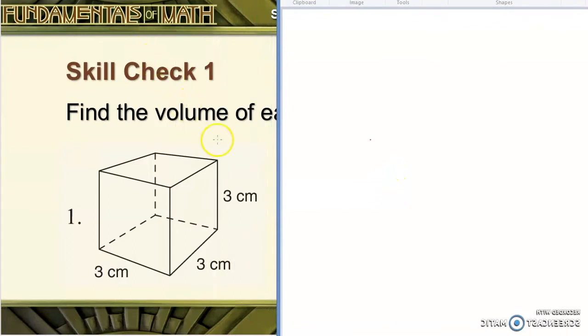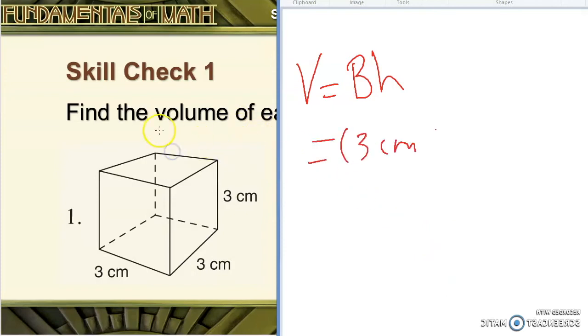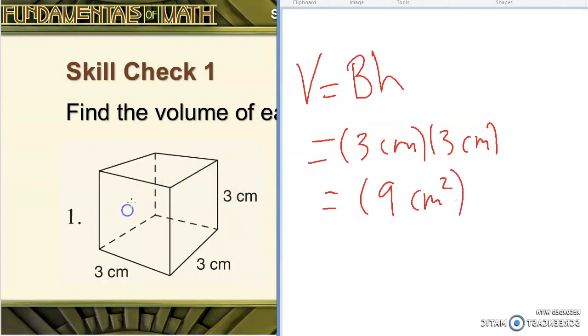Example 1. All right. Remember, we know that the volume is going to be the area of the base times the height. Now, we need to figure out the area of the base, and the area of the base is going to be 3 centimeters times 3 centimeters, which is going to give us 9 centimeters squared.